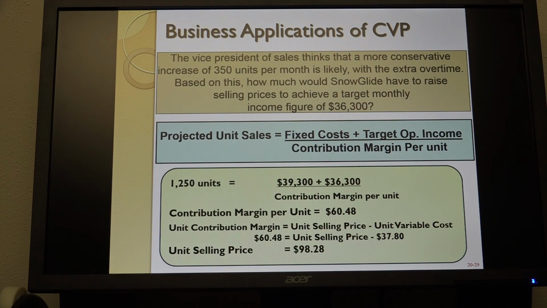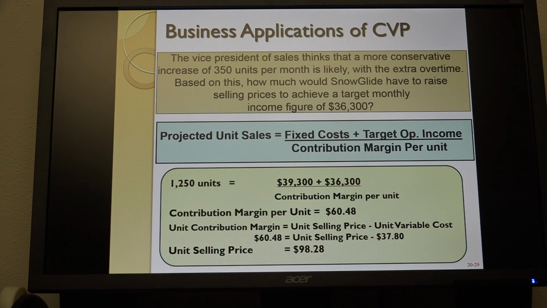And you would take the 39,300 plus, let me make sure I get this right, plus 36,300. Yeah. What you would do in this example is take the number of units that they assume that they can sell, 1,250.